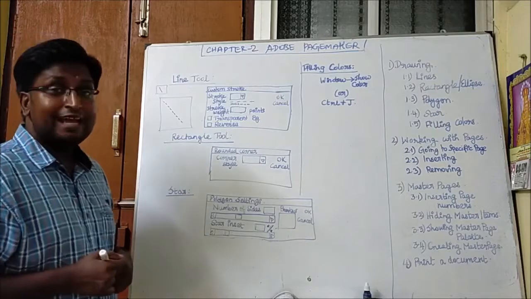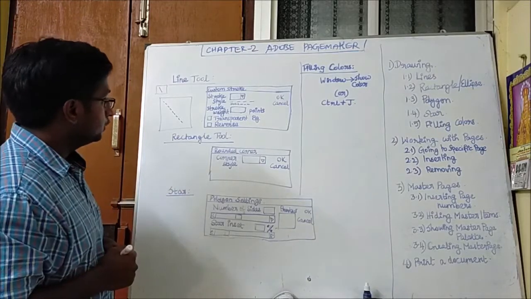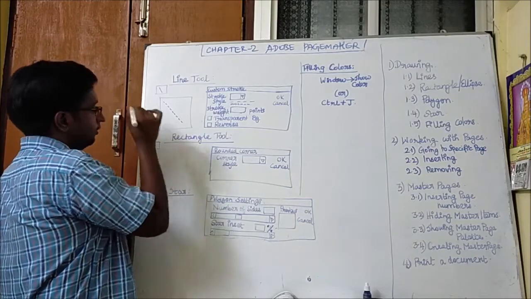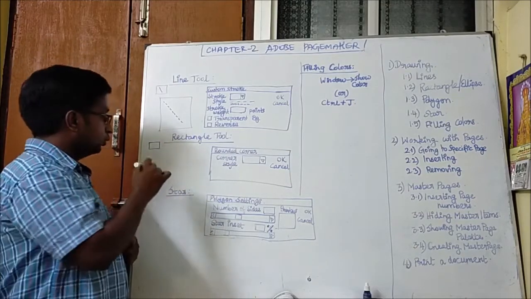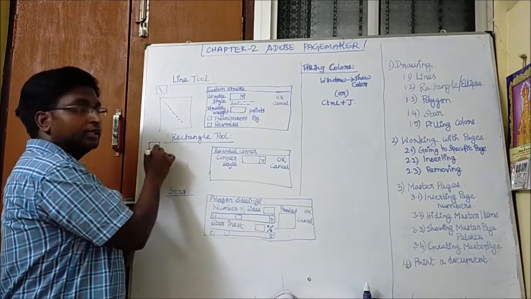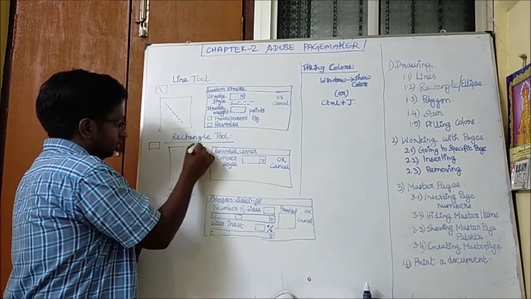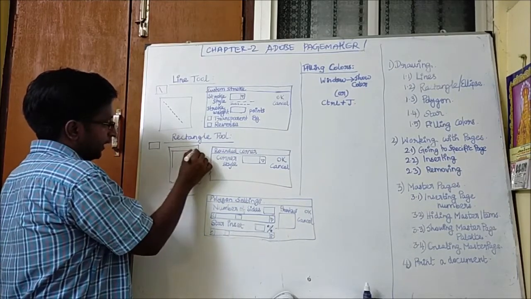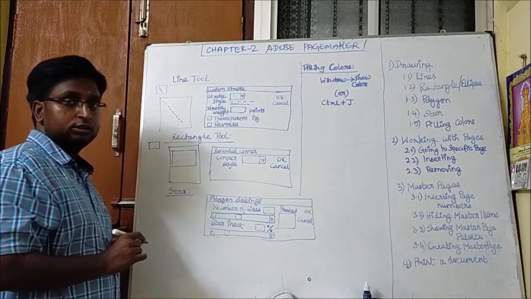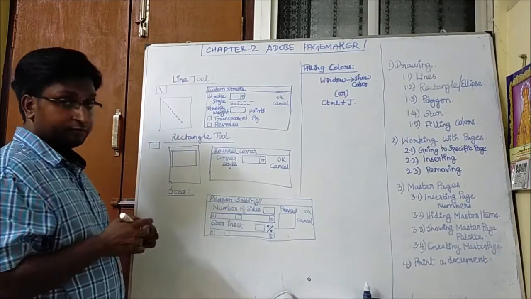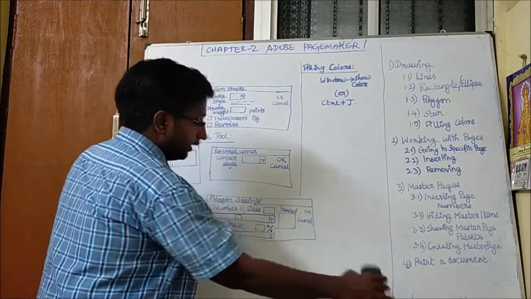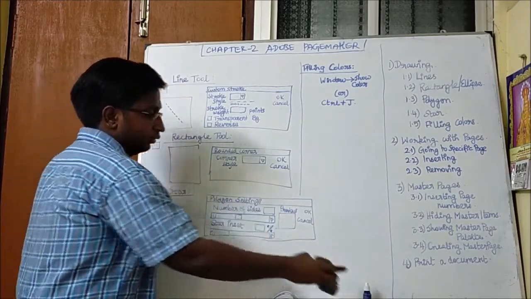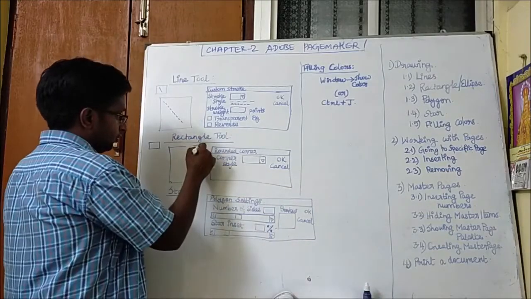The next one is the rectangle tool. Similarly, click the rectangle tool in the page, click and drag. So the rectangle will come like this. If you want an exact square, you need not draw the square by hand.